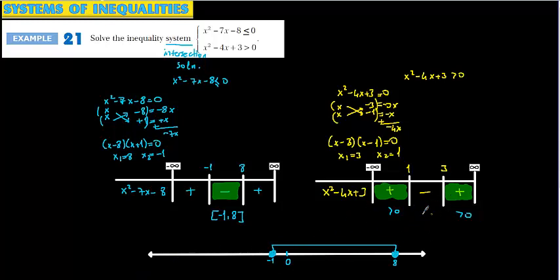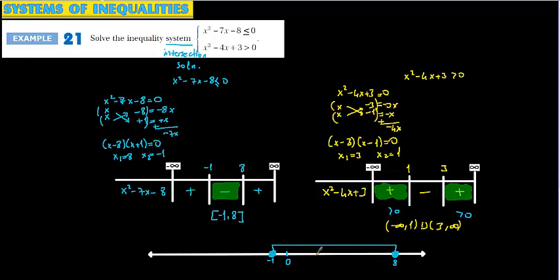Now when I shade this interval, it means that I'm going to start from minus infinity till minus 1, plus 1, sorry, I'm rewriting this part. Minus infinity till 1, and 3 to infinity, it's going to be.